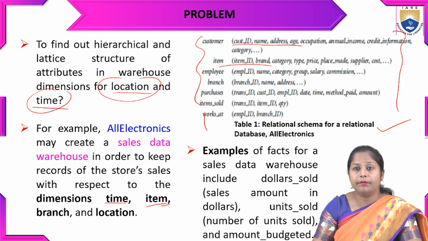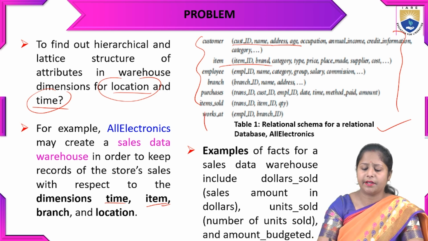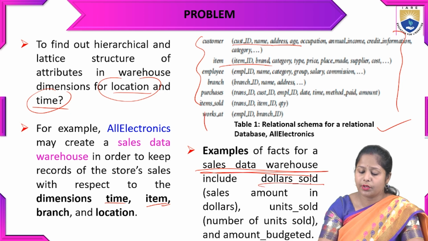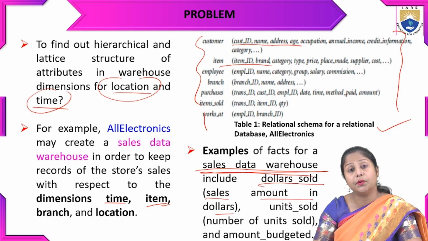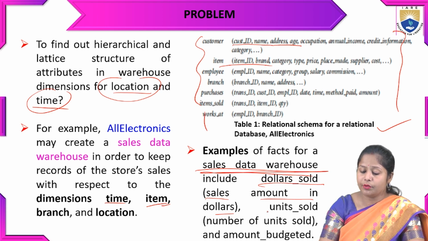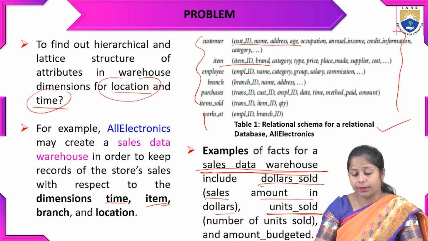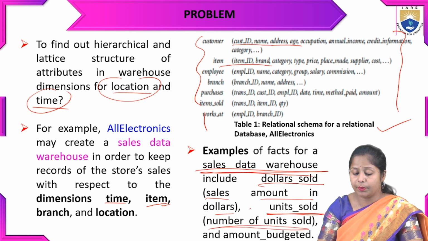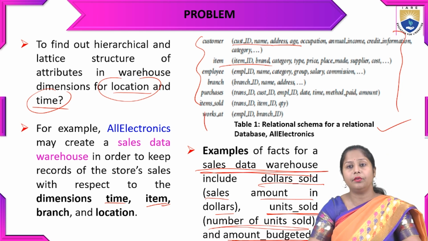So the fact table will be the sales data warehouse here. For the sales data warehouse we have dollars sold, that is sales amount in dollars, these are the 2 attributes related to dollars sold. There are units sold, so there would be 1 attribute, number of units sold. There would be the amount budgeted. This is the 3rd attribute of the sales data warehouse.